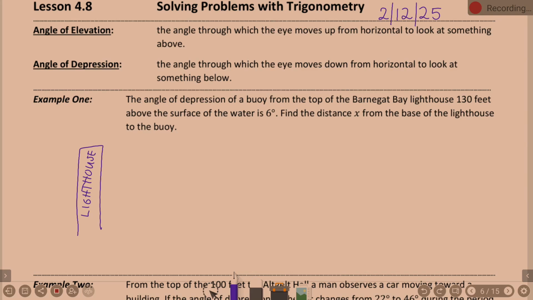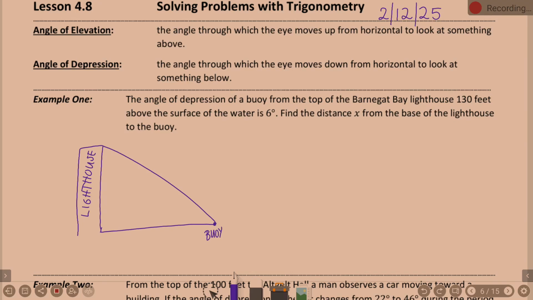So the idea here is somewhere out here, there is a buoy, something floating on the water marking that location, right? So there's my buoy. And we're talking about the angle of depression from the top of the Barnegat Bay Lighthouse.